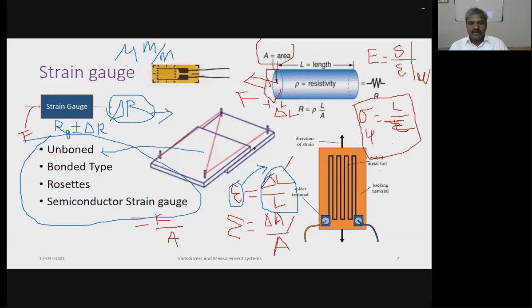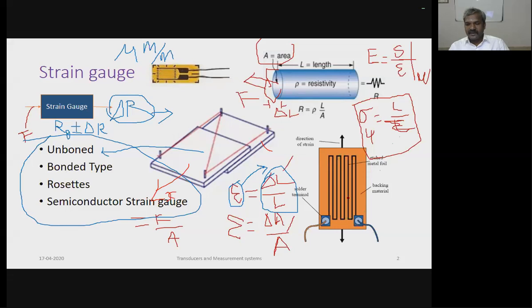Here one plate is fixed, the other plate is movable. So the strain of the stretched wire is to be determined from this. This is the unbonded type, and this application of strain is for displacement measurement.